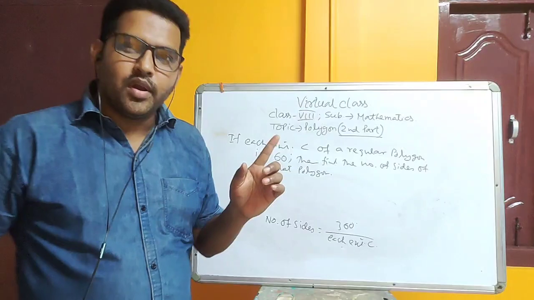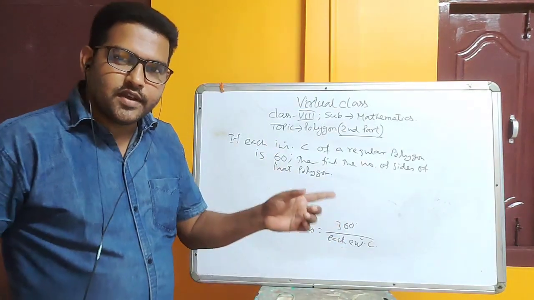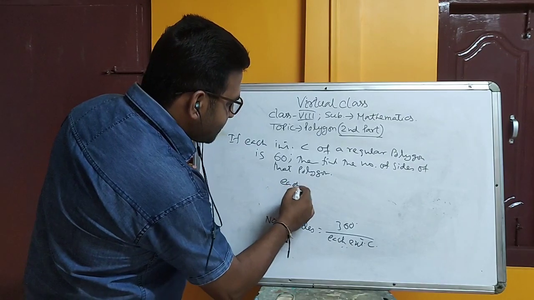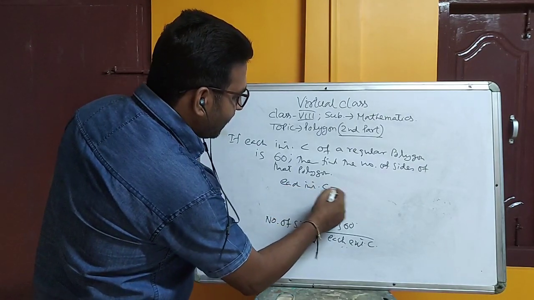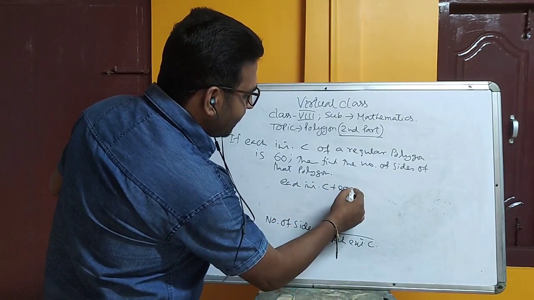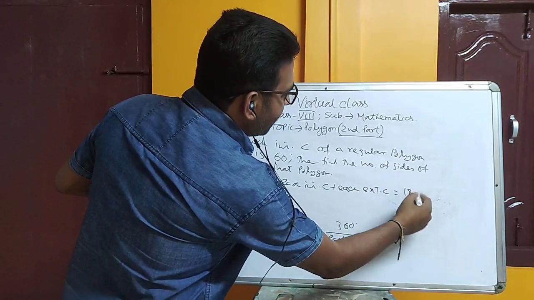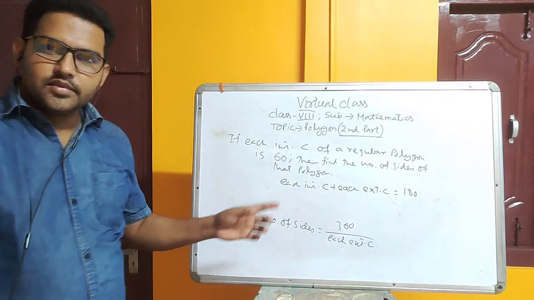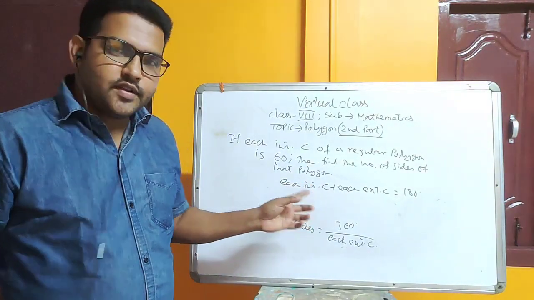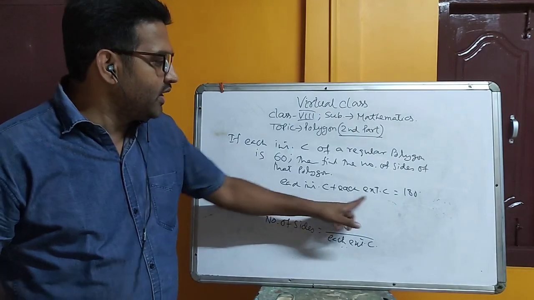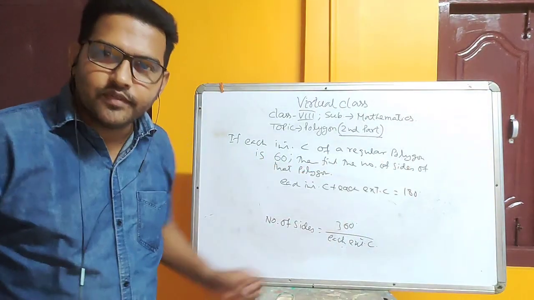Now recall that formula what you have learned just a bit earlier. Each interior angle plus each exterior angle is equal to 180. Just a few minutes earlier I have discussed each interior angle, each exterior angle, the sum is 180.